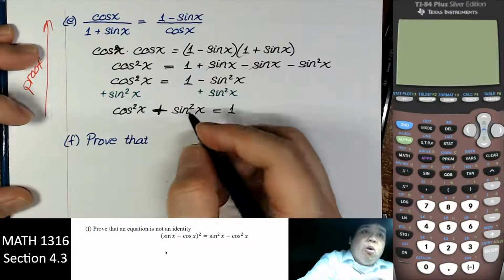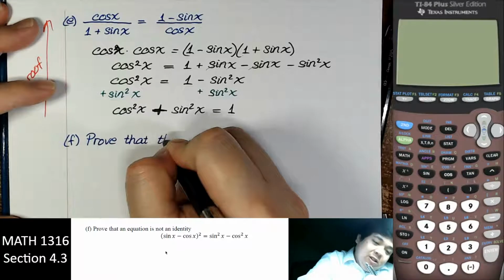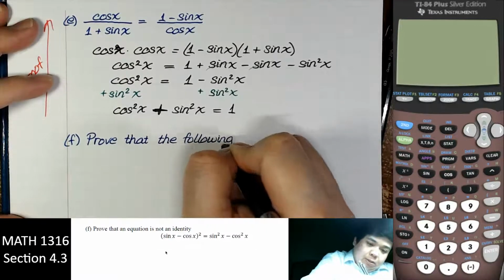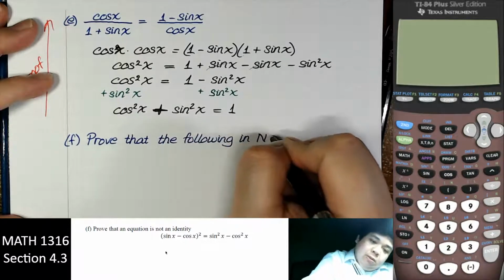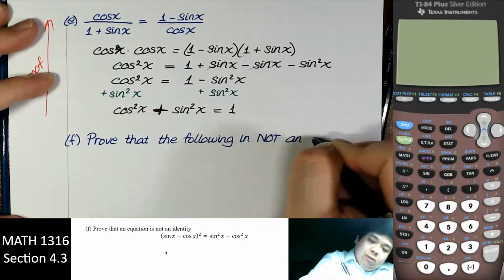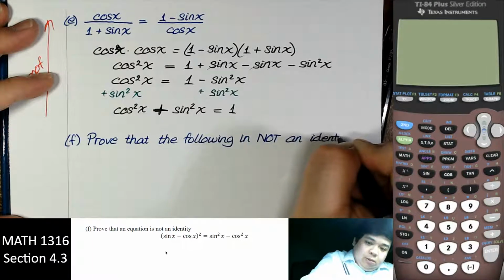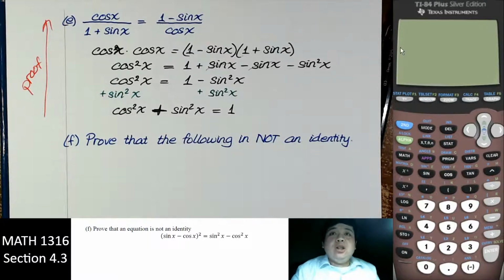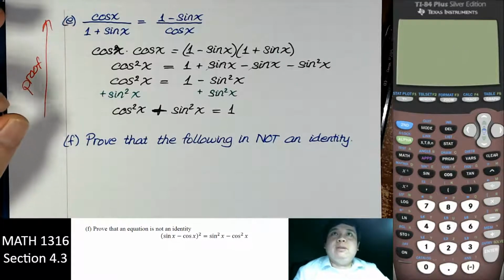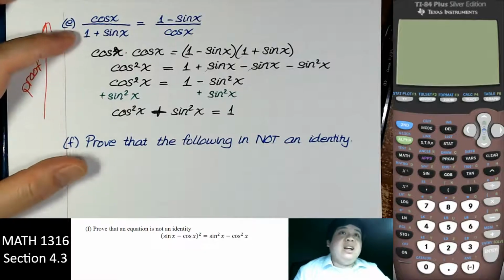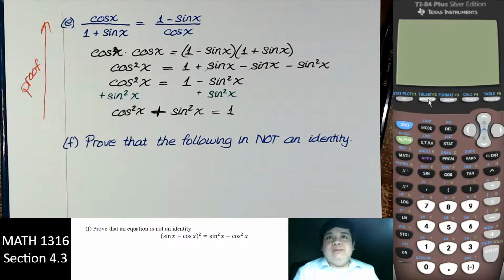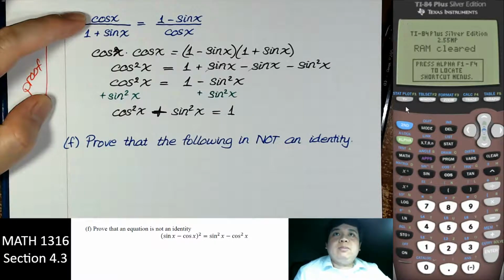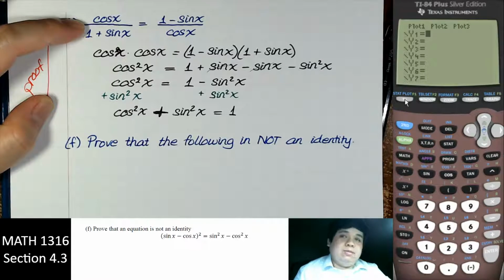Prove that the following is not an identity. By the way, just want to show you something. If it is an identity, the graph will be identical, obviously. So let's just try to graph this one.